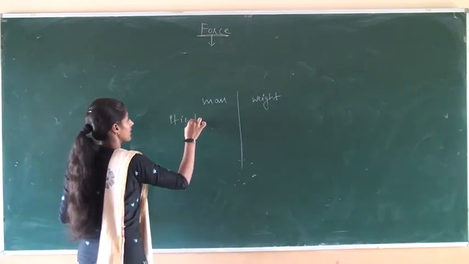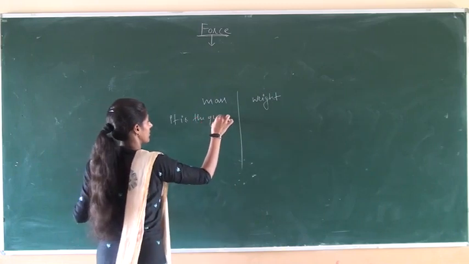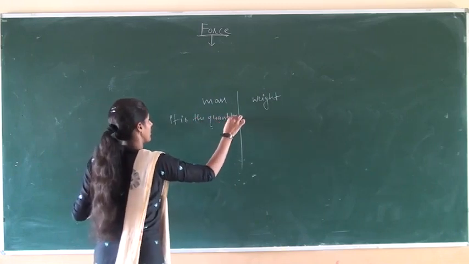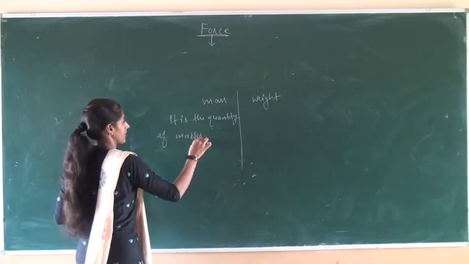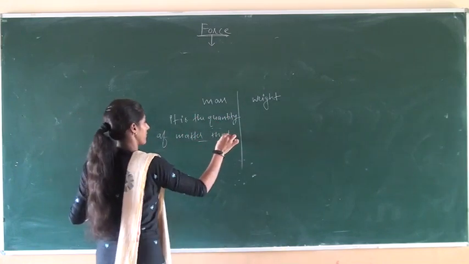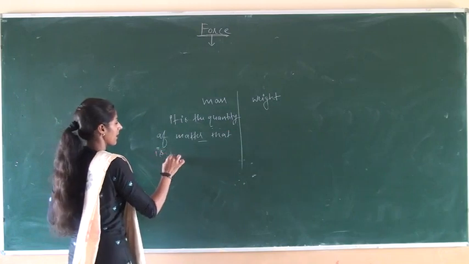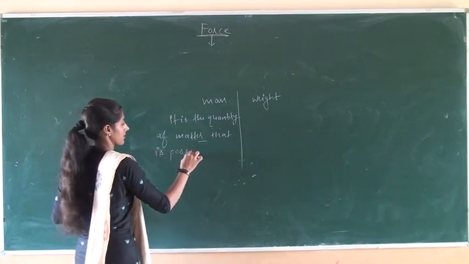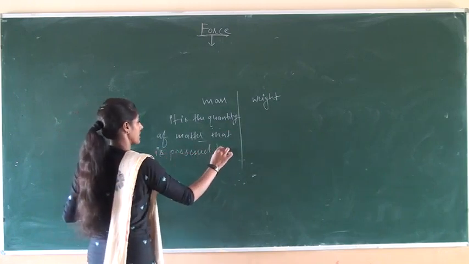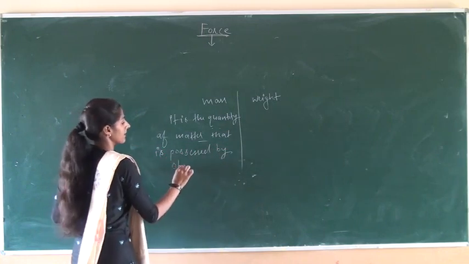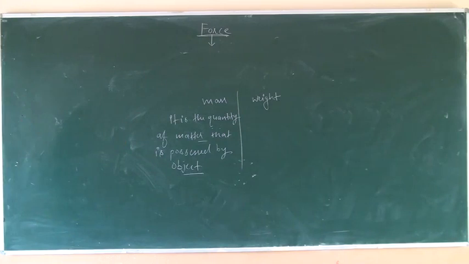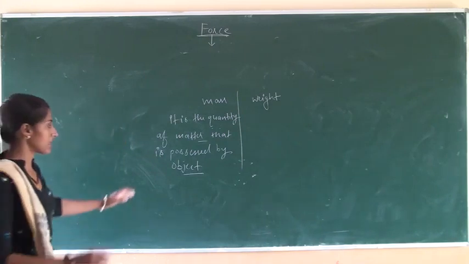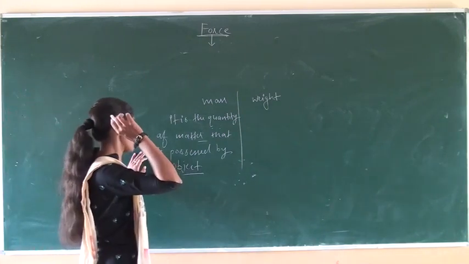Mass is the quantity of matter which is possessed by the object.